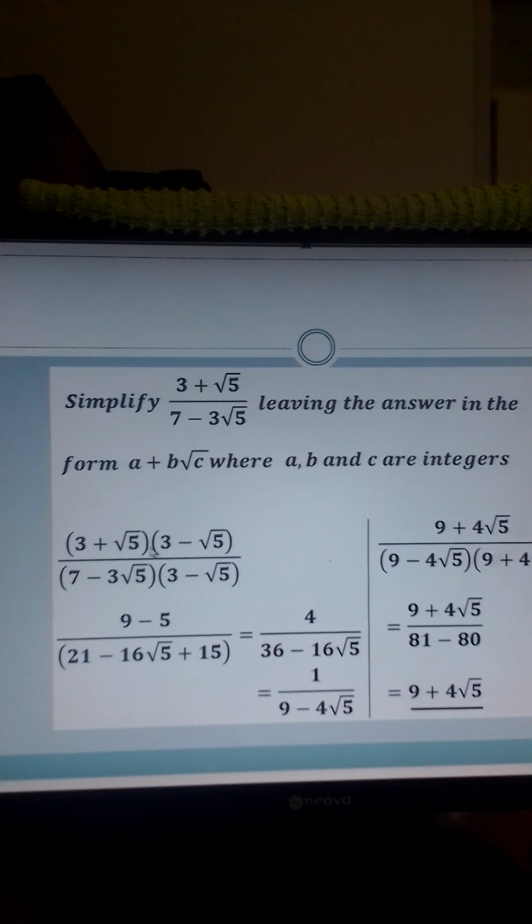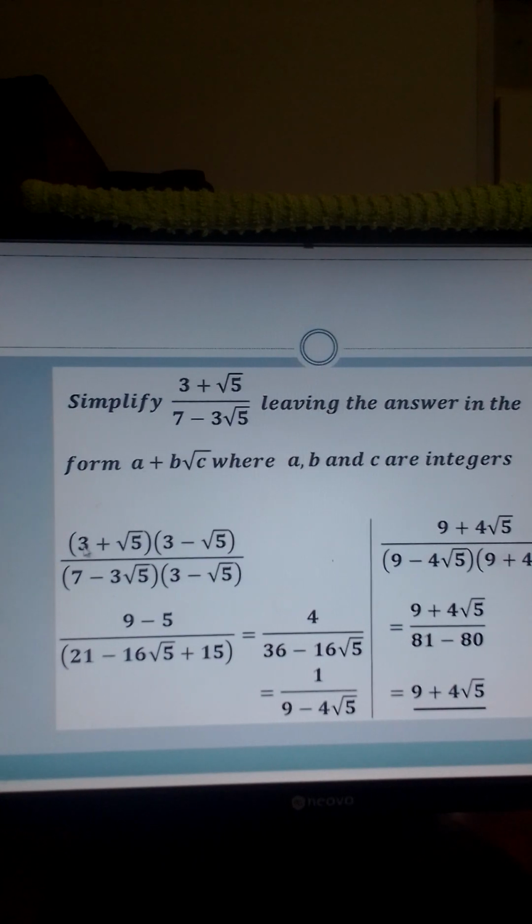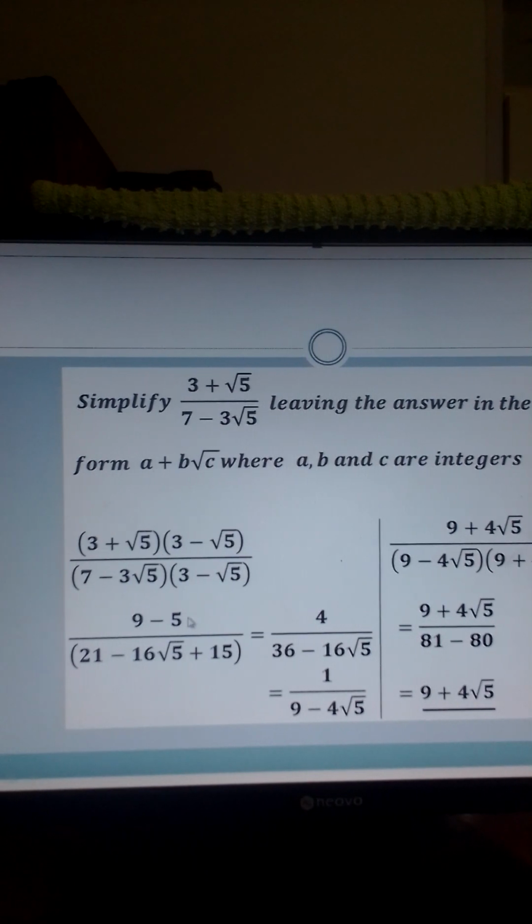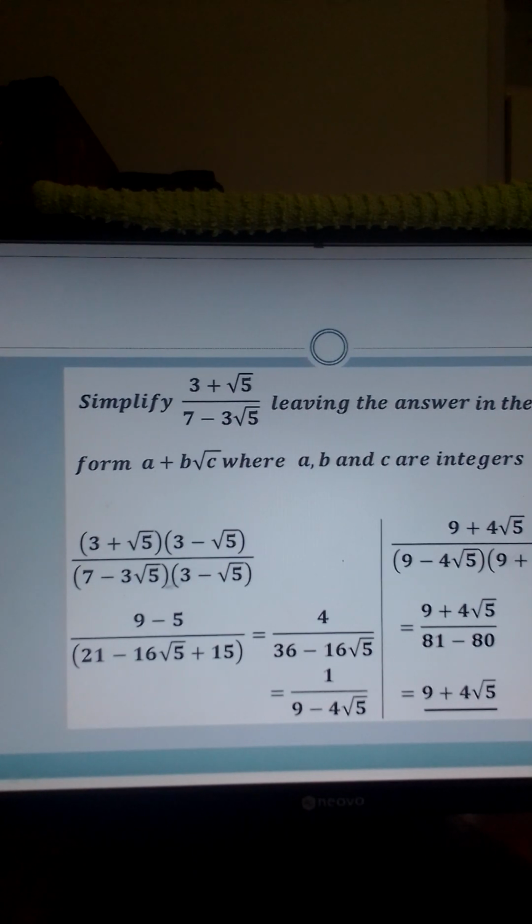Right? So the upper part is a difference of squares. So you get 3 times 3 is 9 minus this term squared is 5. Root 5 squared is 5. So you get 9 minus 5 is 4. And the lower one, you multiply this by this, you get 7 times 3 is 21.